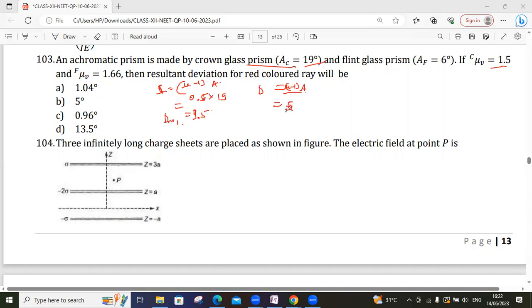So 5 by 3 minus 1 into A is 6. 5 by 3 minus 1 is 5 minus 3, 2 by 3 into 6. That is the 4. So the resultant deviation will be this plus this, which is 10.5.